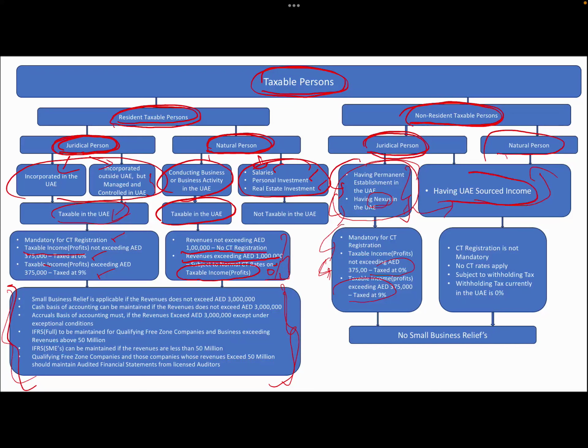When you see any money earned by a non-resident taxable person, apart from permanent establishment or nexus, that becomes UAE sourced income. And these UAE sourced incomes are not required to register for corporate tax, but are subject to withholding tax. As of now, the withholding tax in the UAE is 0%.